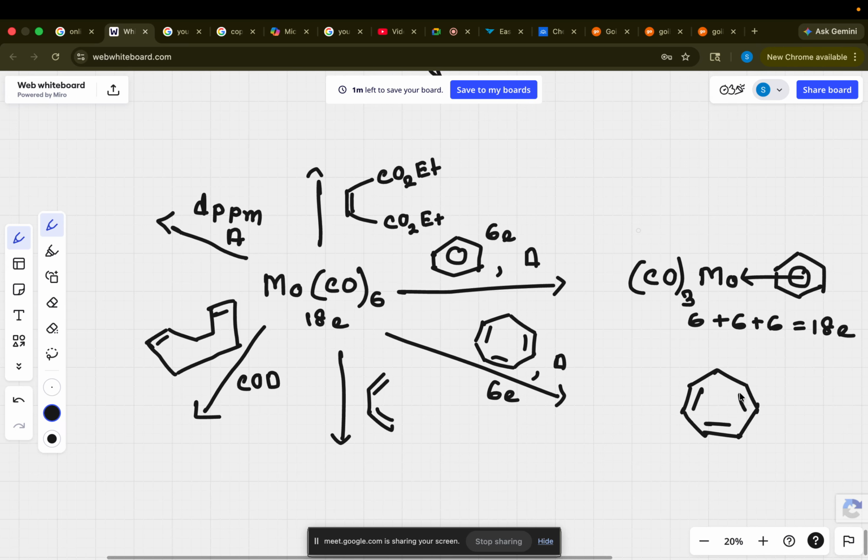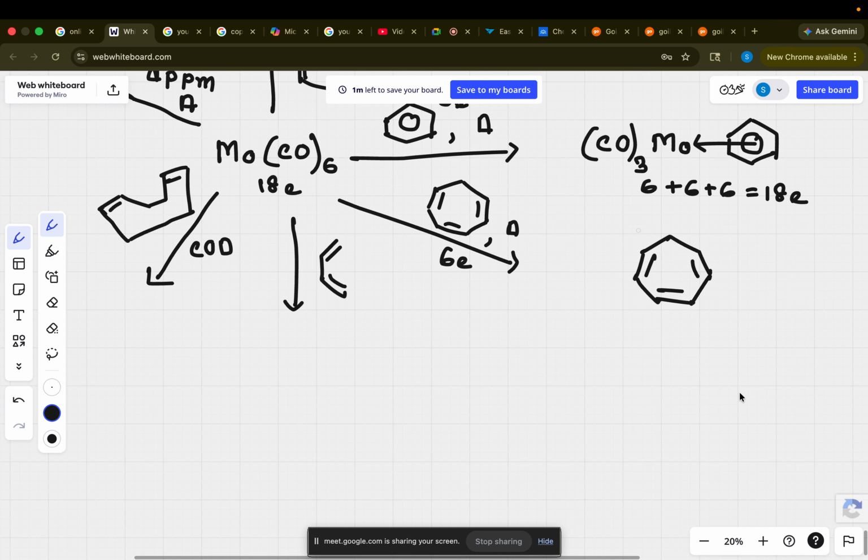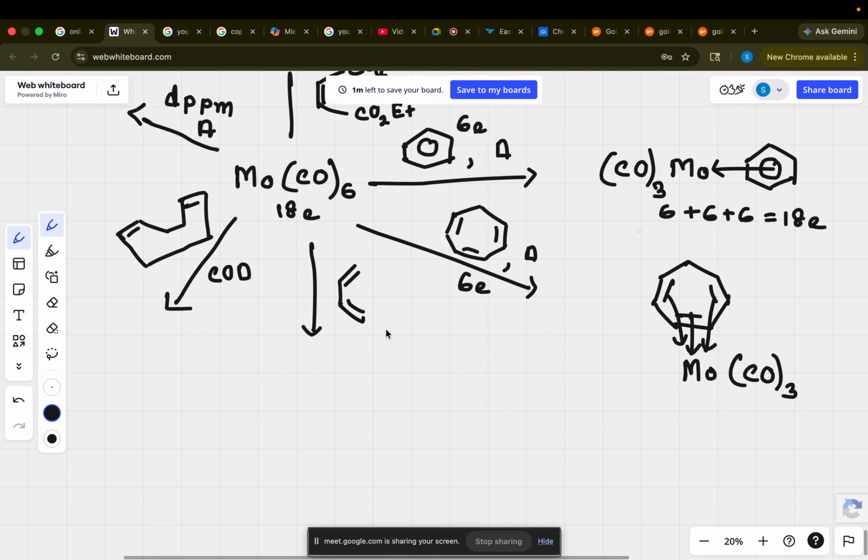Suppose on this side you have molybdenum. All the pi bonds are donating electrons to the molybdenum center. So 6 electrons from here, molybdenum has 6 electrons, and how many carbonyls will be left now? Again 3, right? The total electron count will be 18, not more than that.